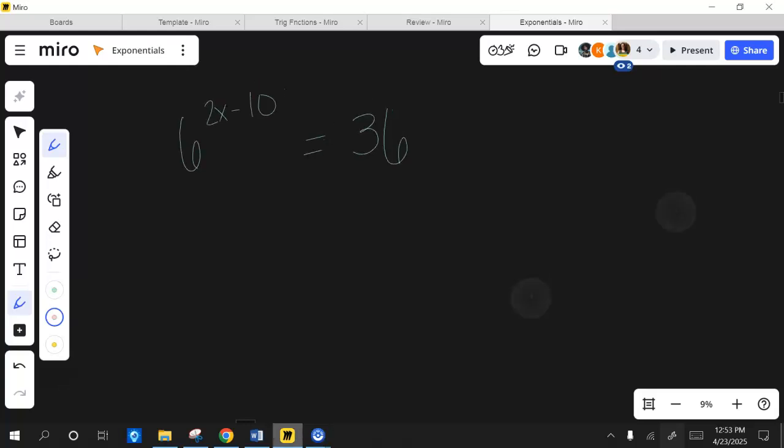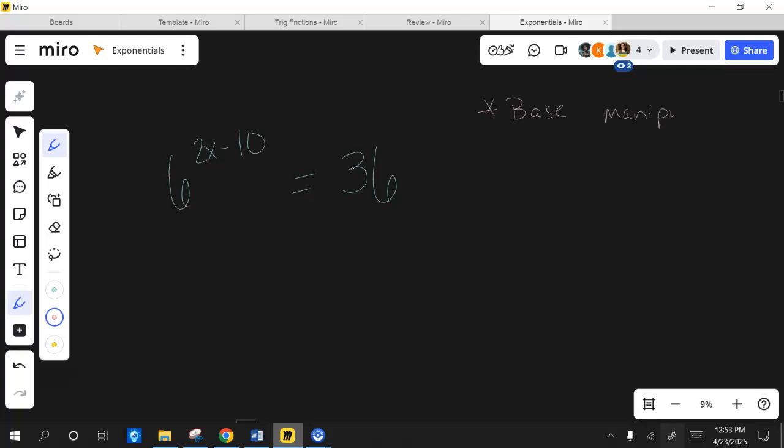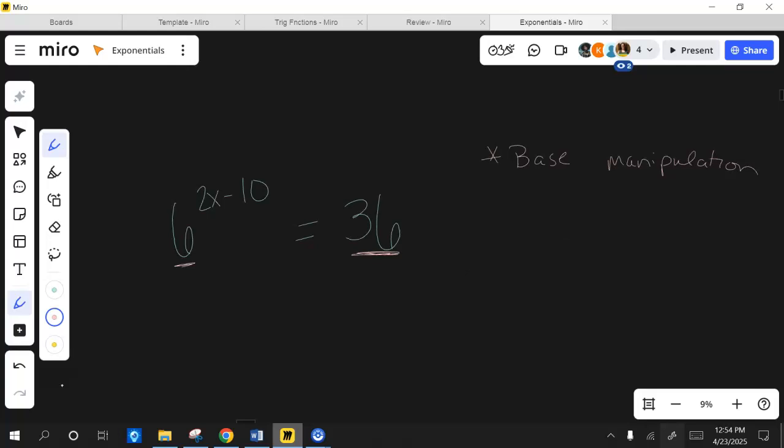Here's what you have to do, and this is where it gets hard, okay? I call this base manipulation. We have to make the bases be the same, but we can't change anything's value, okay? So this still has to be 6, and this still has to be 36 at the end of the day, but I could write it a different way, kind of like I could say that 10, I could rewrite that as 5 times 2.